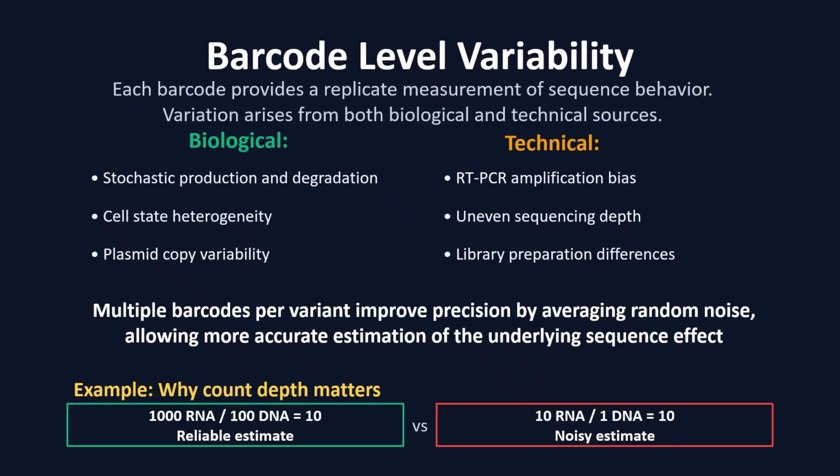So because of all these things, individual barcode measurements are noisy observations of an underlying sequence effect. Using multiple barcodes per variant lets us average across this variability. So this reduces random noise and improves the precision of our estimate of how the sequence truly behaves.